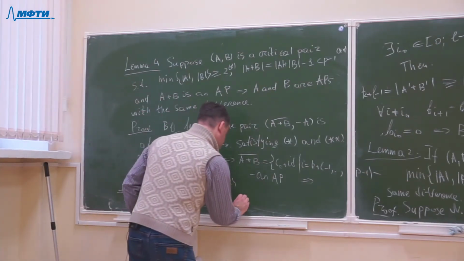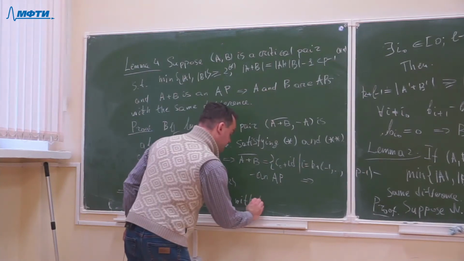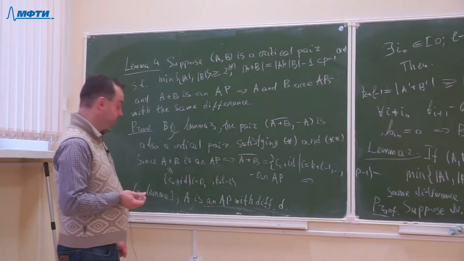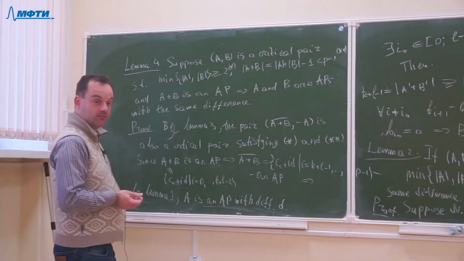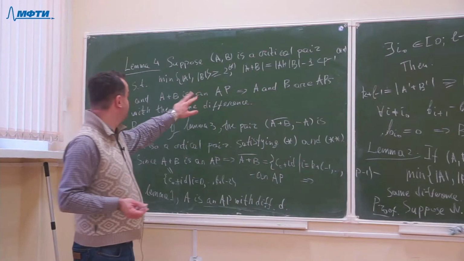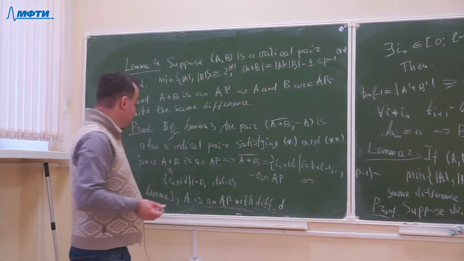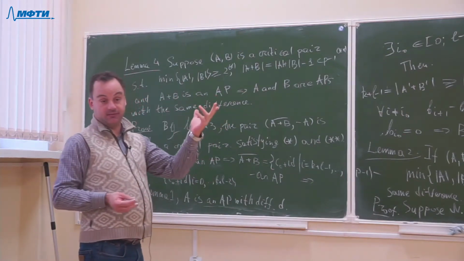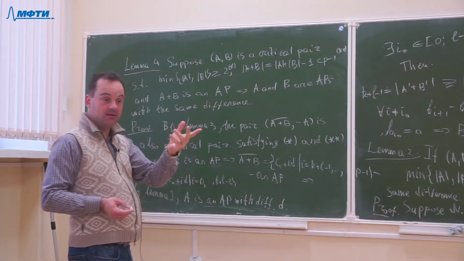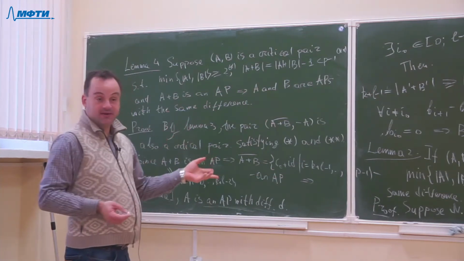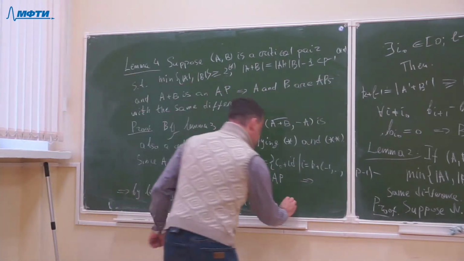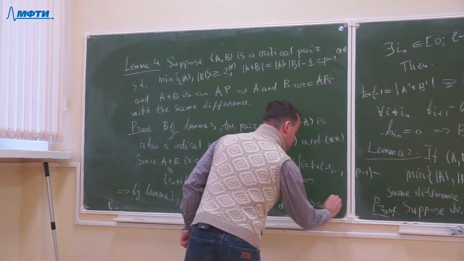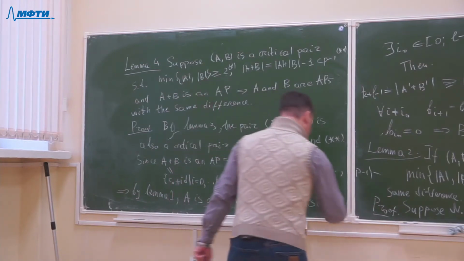With the same difference, with difference D. But pair AB is the critical one. And A is an arithmetic progression, so that means B is also an arithmetic progression, again by lemma 1, with difference D, right? B is an arithmetic progression with difference D.